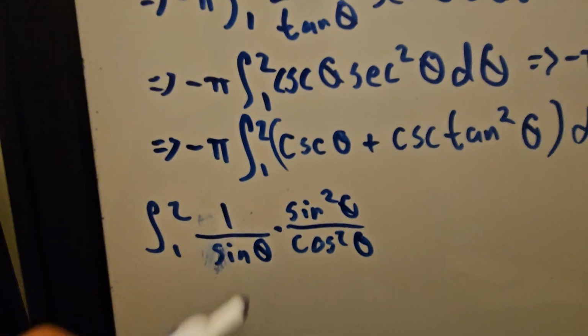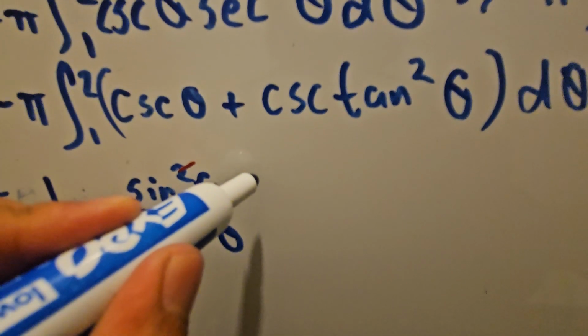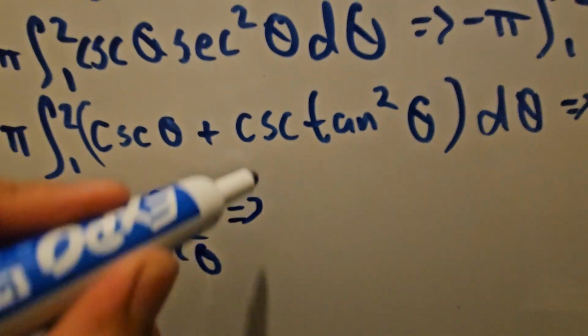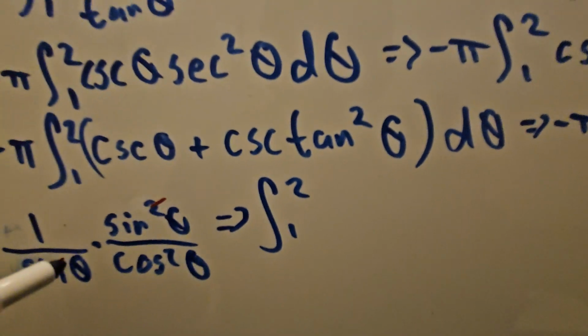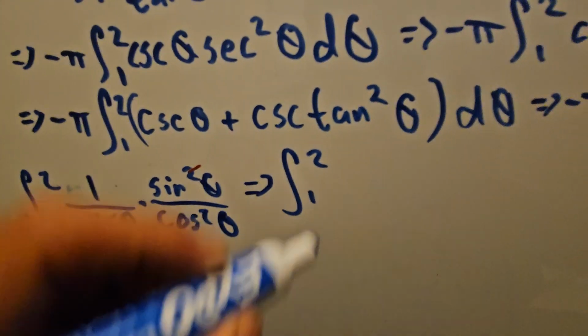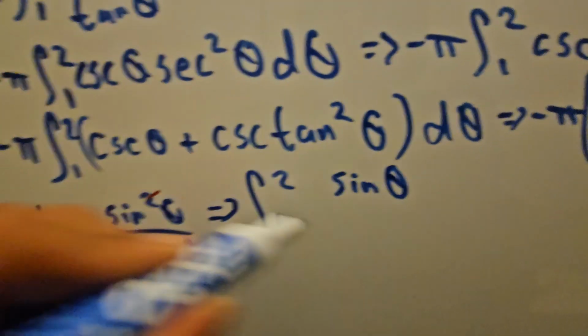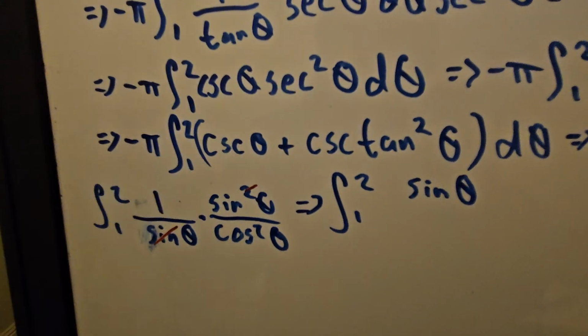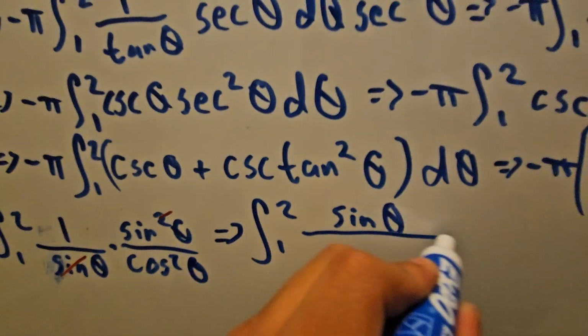Okay, now let's go ahead and cancel. Let me get my red pen. All right, so now I cancel this out. Basically, because we canceled one sine from the numerator and one sine from the denominator, this just gives us sine theta.